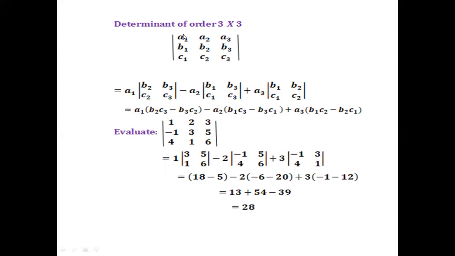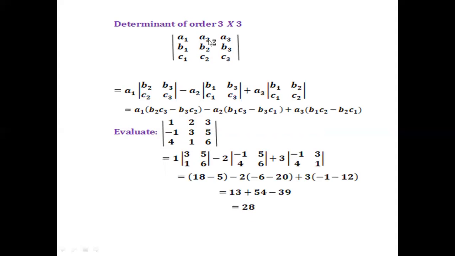Here A1, this first element, keep as it is. This element is present in first row and first column. So we delete this first row and first column and take the determinant of this block. Thus, determinant of B2, B3, C2, C3. Now, minus A2.